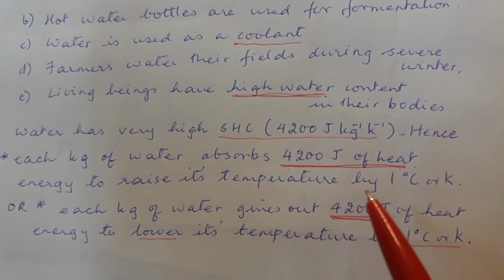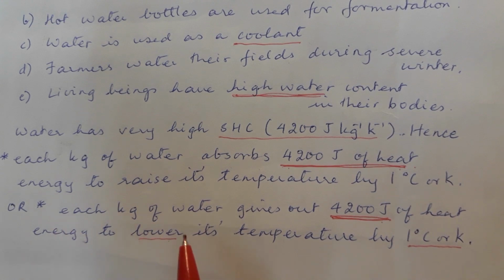And so the temperature of the living body does not rise too fast. Now, in winter, what happens? In the colder climate, each kg of water gives out 4200 joules of heat energy to lower its temperature by 1 degree C or Kelvin. And so the fall in temperature of water also is going to be very slow. So it's going to avoid the freezing of the body.